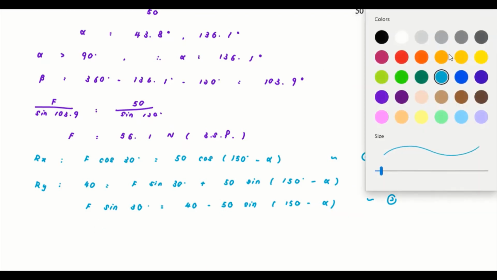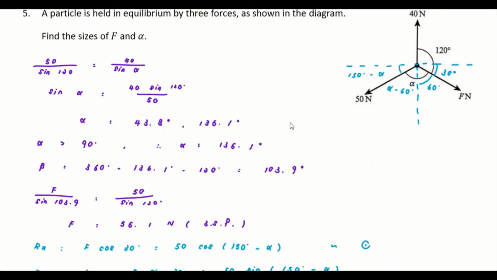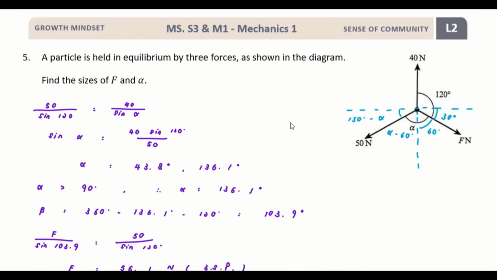So let's change to another color, and I want to show you the way for the resolving part. By resolving in a different direction, you'll realize that you do not have all this calculation anymore. The idea is the same thing. Remember that when we talk about forces in equilibrium, the components of the forces in any direction will be zero.